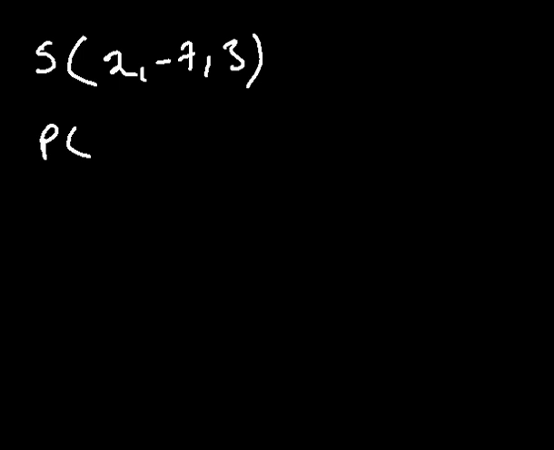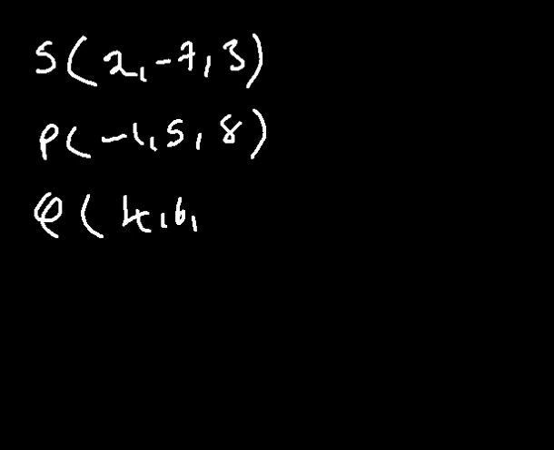Let's say we have the triangle SPQ, where S holds the coordinates of 2, negative 7, 3, and P has the coordinates negative 1, 5, 8, and Q has the coordinates 4, 6, negative 1.